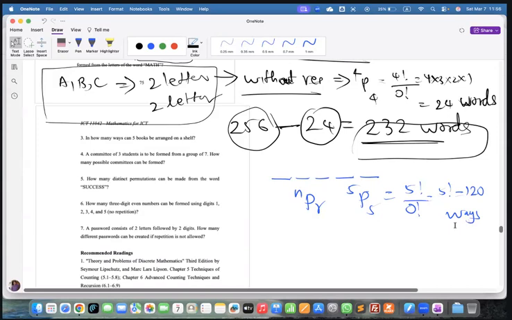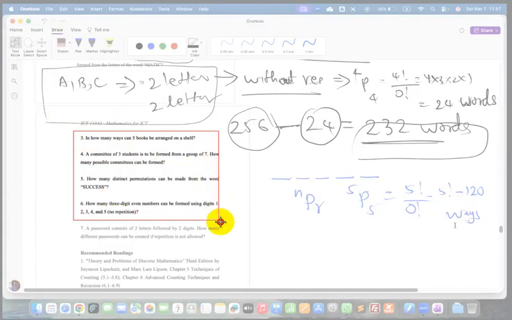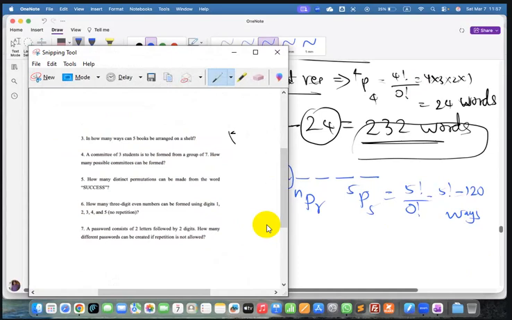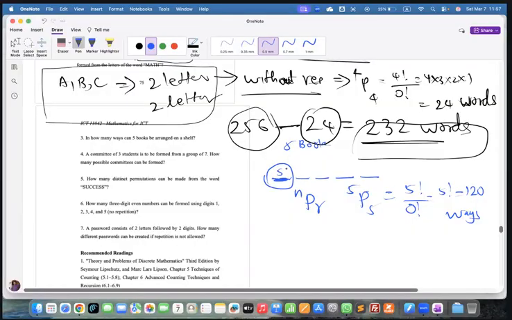Okay, the fourth one. Fourth question. The simple way: let's say we have 5 books. The first position we can fill in 5 ways, right?